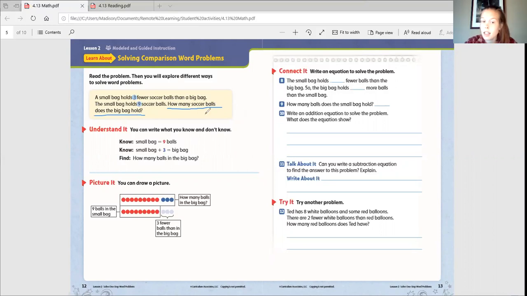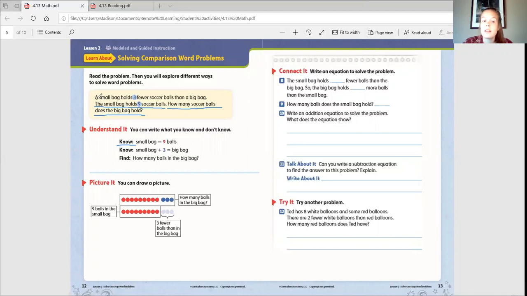So I'm going to think about this one now and what I know and what I don't know. So let's look down here, and it says we know that a small bag has 9 balls. The small bag holds 9 soccer balls. Found that right there in our question. So we know the small bag equals 9 balls. We also know that the small bag plus 3 balls equals the big bag.